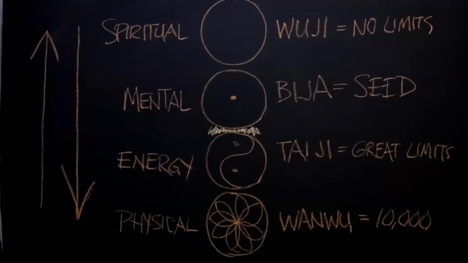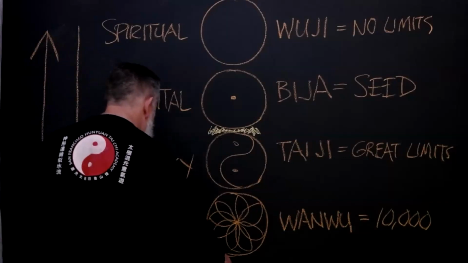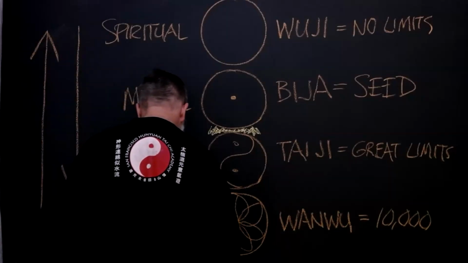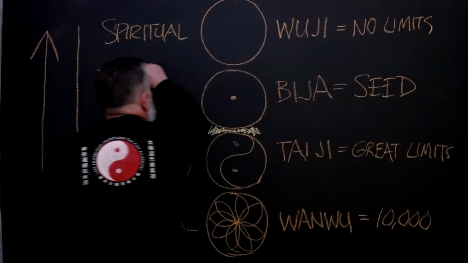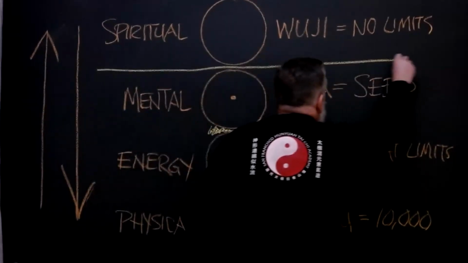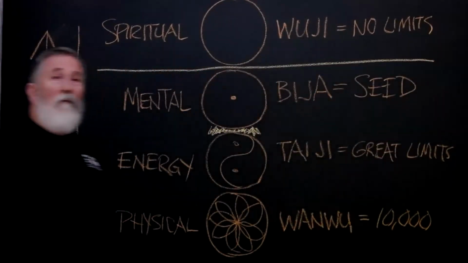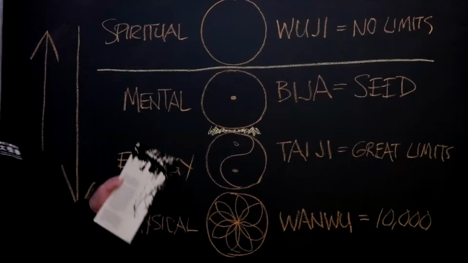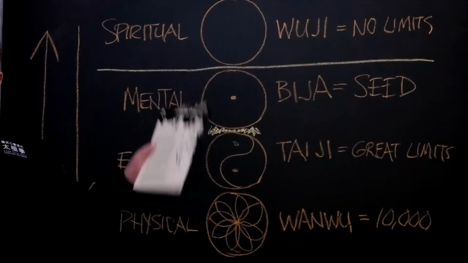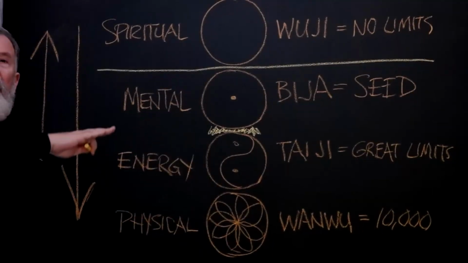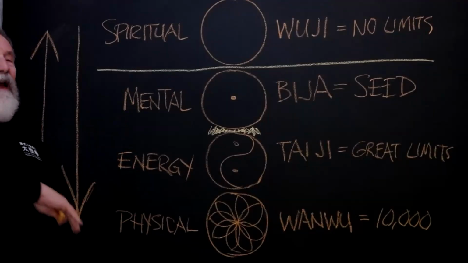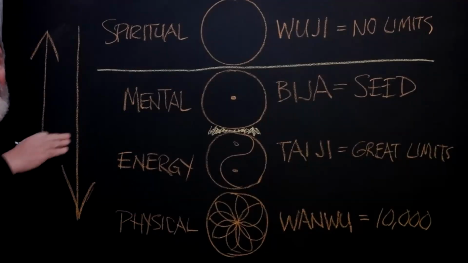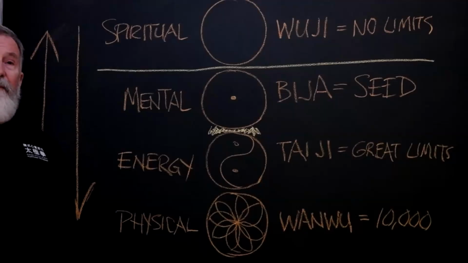So you can draw a line. All right? This level, the Wu Ji level, is different from these three. They're all one, and yet this one is different.